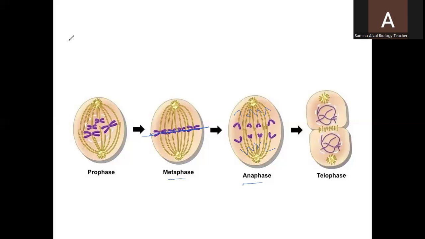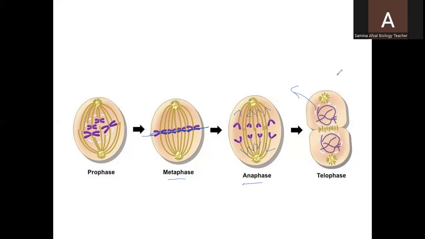The chromosomes reach the opposite poles, and nuclear membranes start forming during this process. The chromosomes, which were condensed, are now again in the form of chromatin fibers.